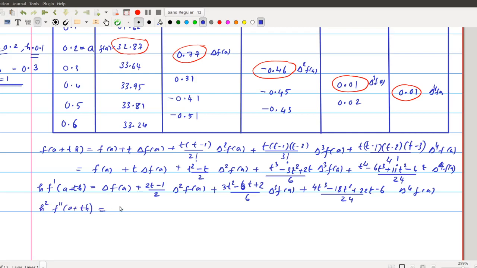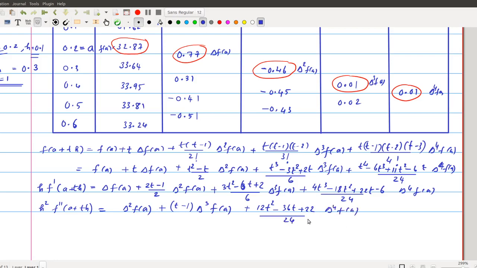Okay, so this will be del square f of a, that is the derivative of this, and del square f of a in the first term, and the second term will be 6t minus 6 divided by 6, that is t minus 1 times del cube f of a, and we have this 12, the derivative of this, that is 12t square minus 36t plus 22 divided by 24 del raised to 4 f of a.